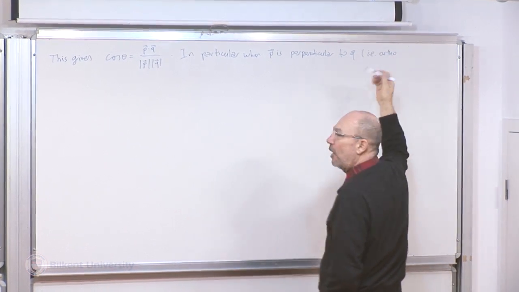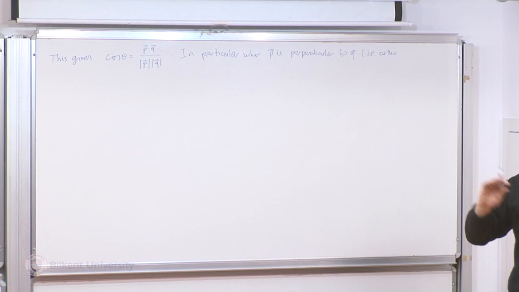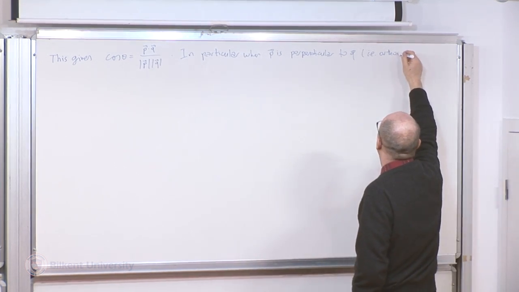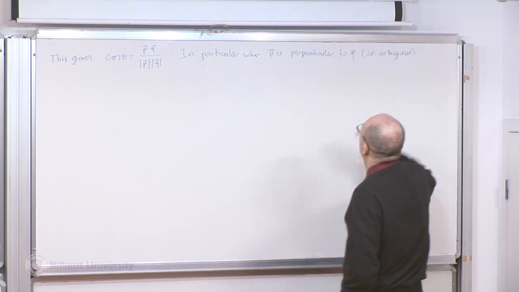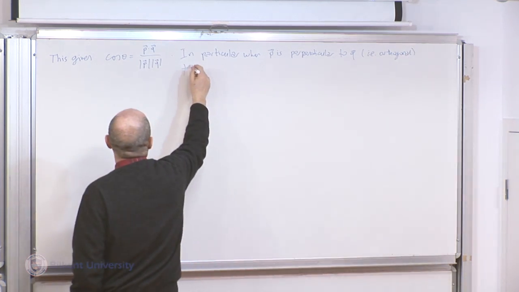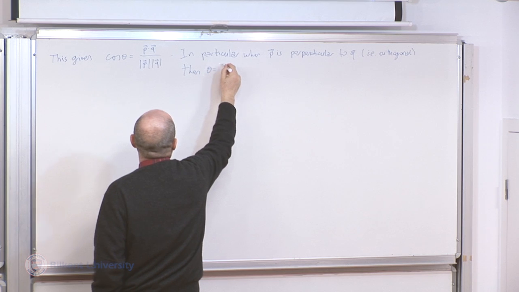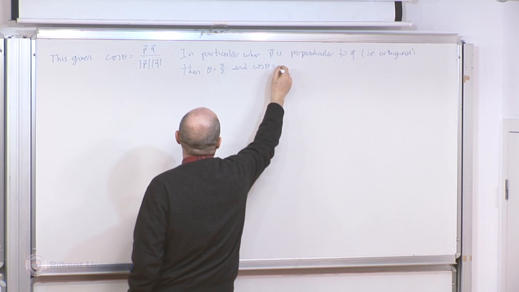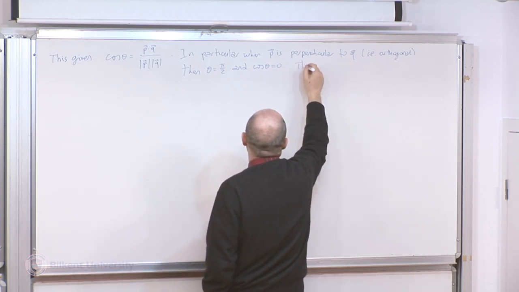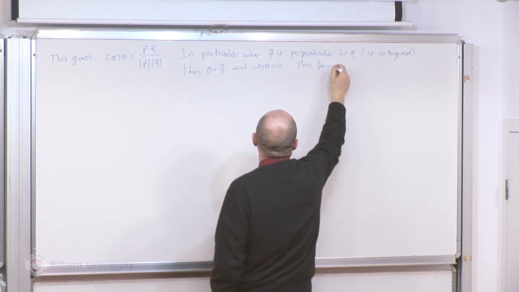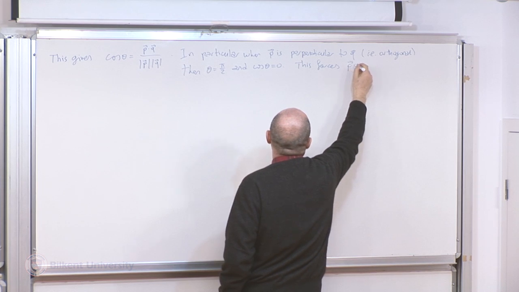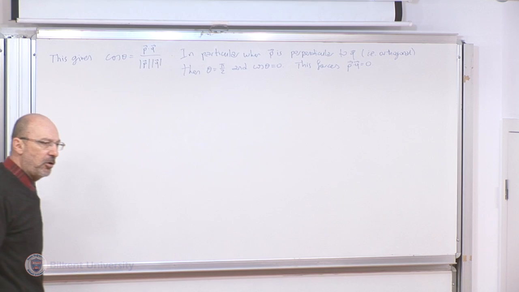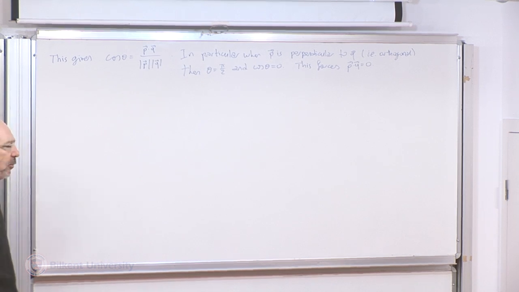We have to learn this terminology because in some books it's called perpendicular, in most books it's called orthogonal. Then theta is pi over 2 and cosine theta is 0. This forces P dot Q equals 0.